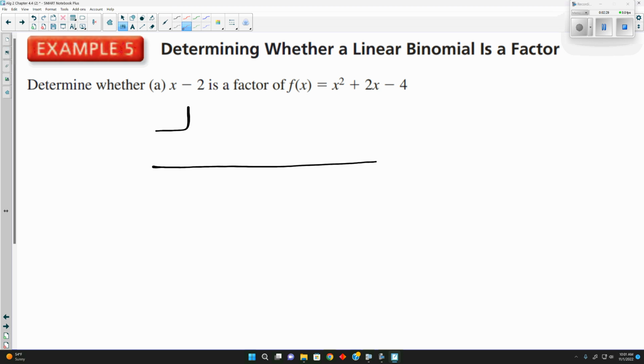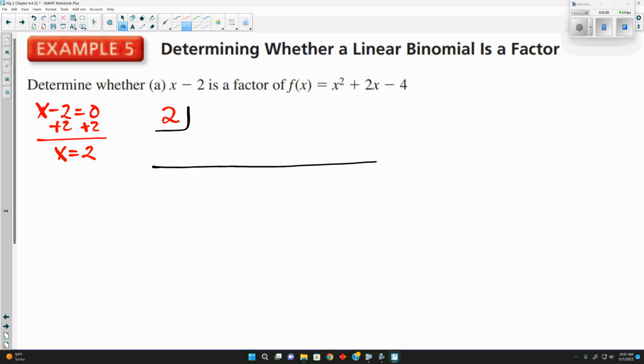Well, to do synthetic division, the first thing we're going to do is set x minus 2 equal to 0 and solve for x. So we add 2 to both sides, telling us x is 2. So the number that goes in the cubbyhole is 2.